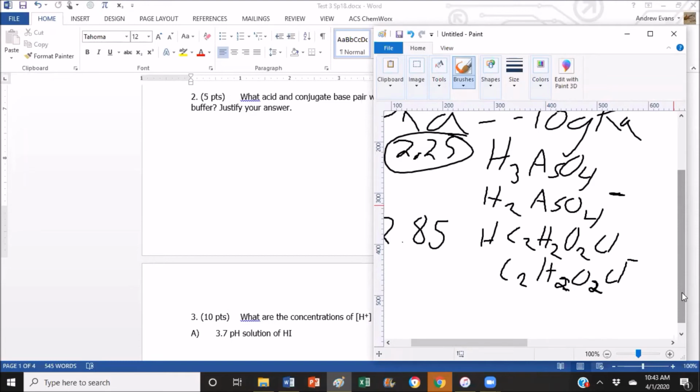I could use malonic acid, which would give us a pKa of 2.82. So there are many, many different options. The only rule is that you have to have a pKa between 1.7 and 3.7. If it's any farther away, it's not going to be very good. So that's all you'd have to do for that one.